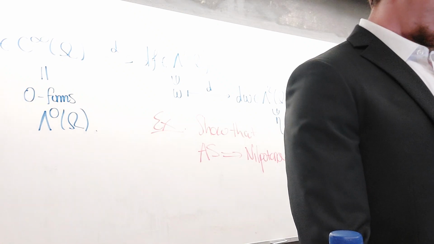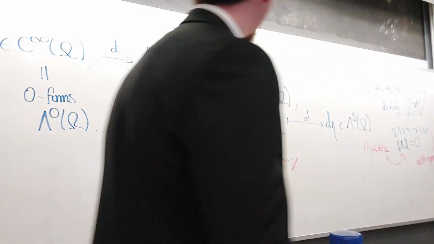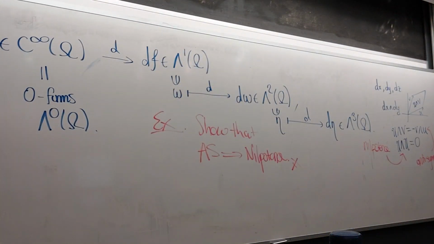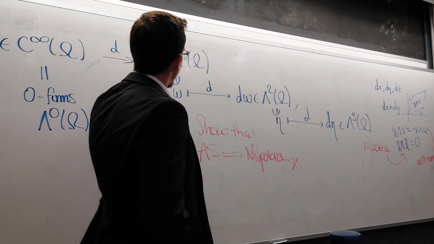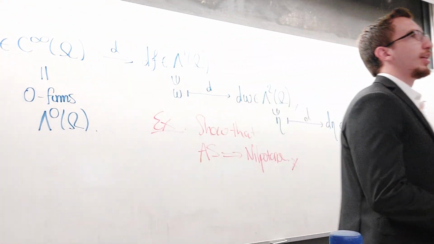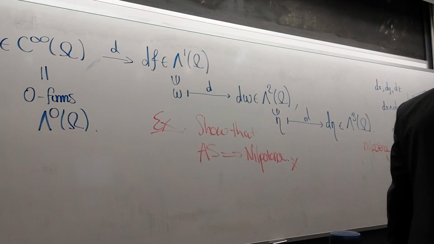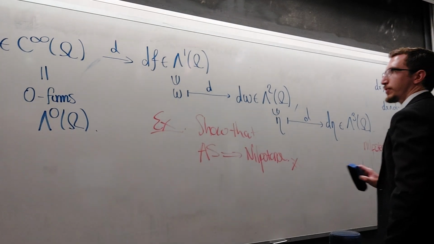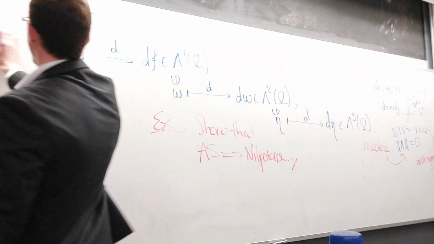Okay, so what do I want to say now? I want to understand, if I apply the operator twice, this is what I started with in the lecture. I want to understand the effect of that. So what I will do is write it up here.